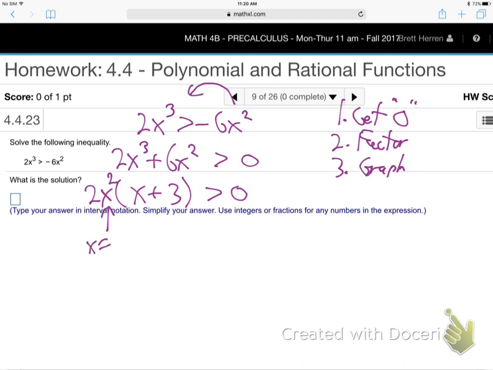So this would be x is 0, and this would be x is negative 3. So go to the graph. So 0 and negative 3. Good so far?